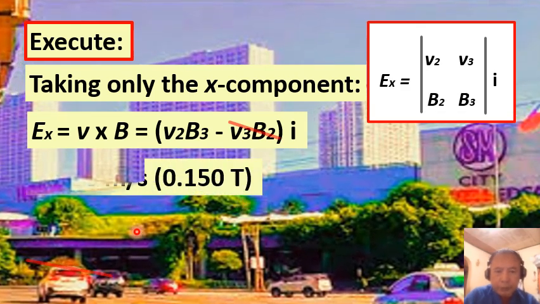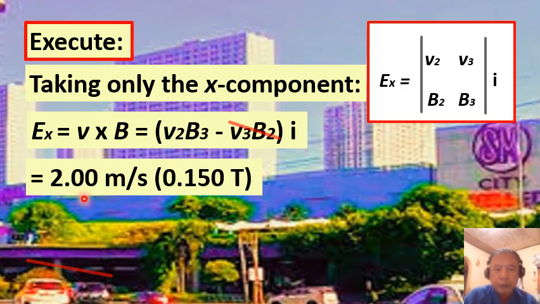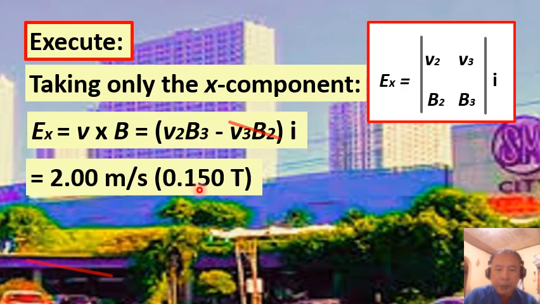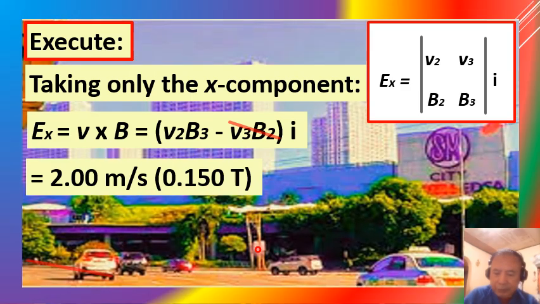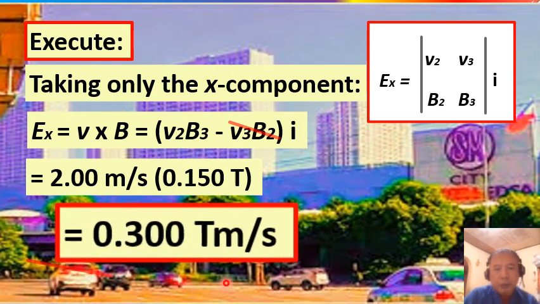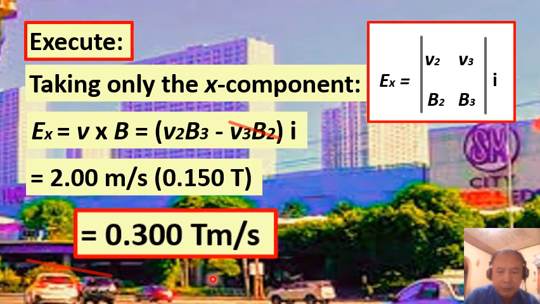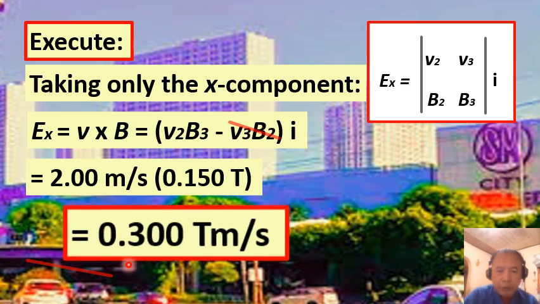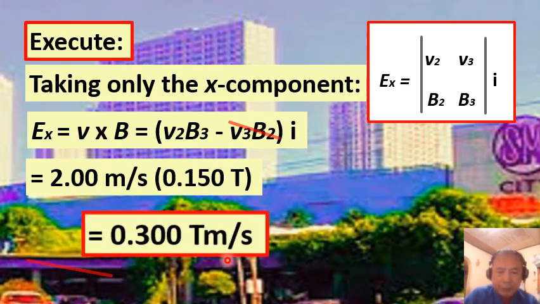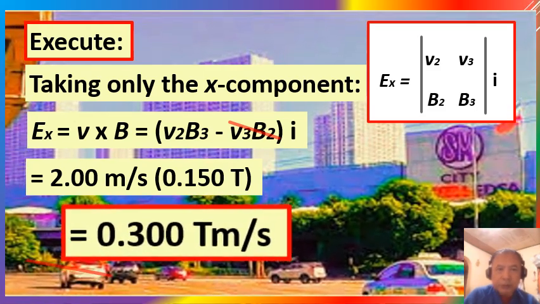So that means the x component of the electric field is equal to 2.00 meters per second times 0.150 Tesla, or the x component of the electric field has a magnitude equal to 0.300 Tesla meters per second in three significant figures.